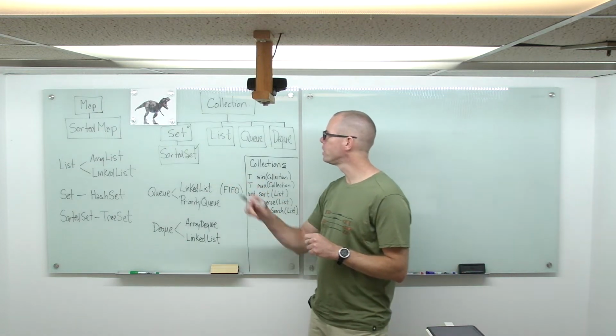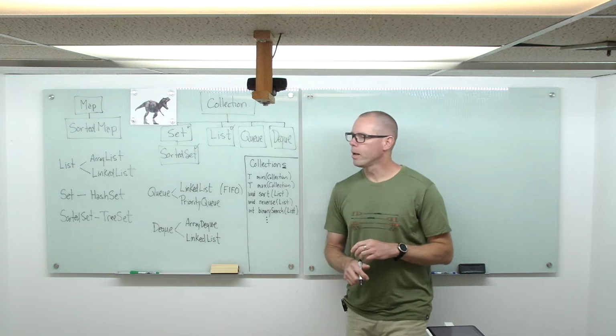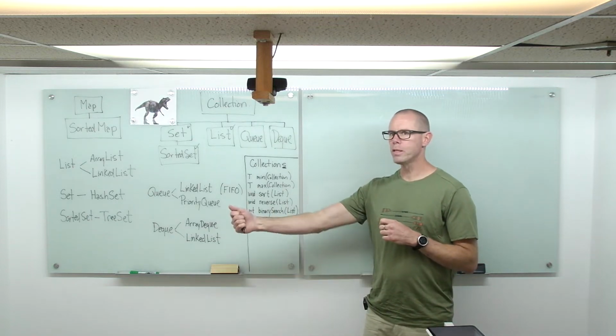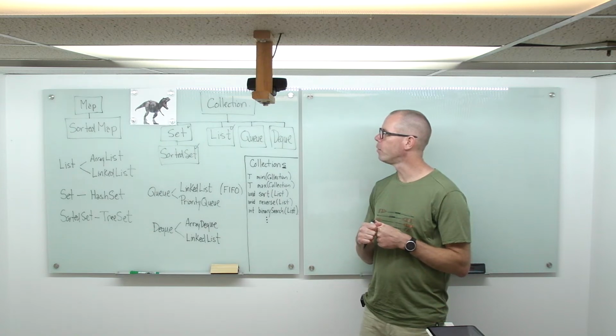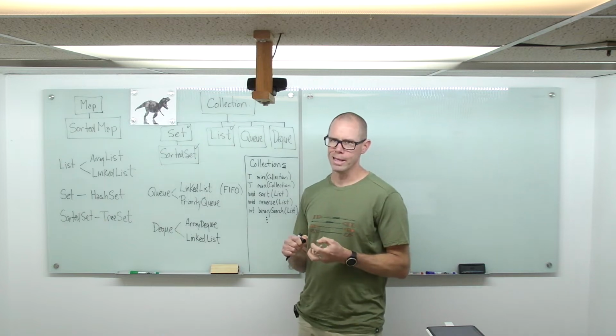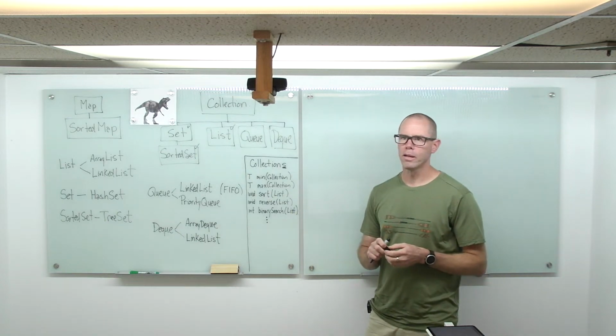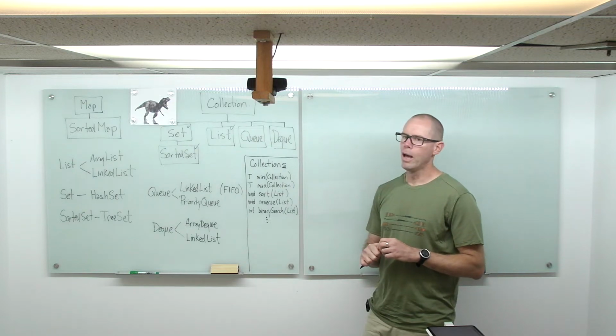So that's sorted sets. Lists are a completely different beast. They are sequences. The closest thing that you've seen probably, well actually if you've done Python you've seen something called a list, which is exactly the same type of thing.